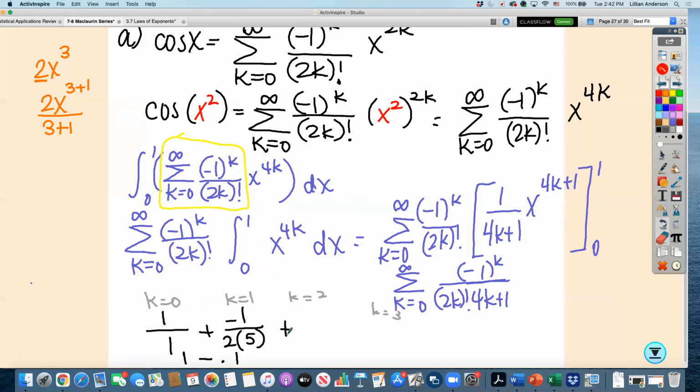Going to keep on going. Plug in 2. What's negative 1 to the 2nd power? Then I'll have 2 times 2, which is 4. What's 4 factorial? Then I'm going to have 4 times 2 plus 1. What's 24 times 9? Or better yet, what's 1 divided by the product of those two?